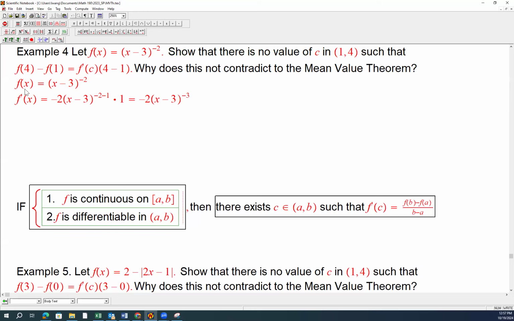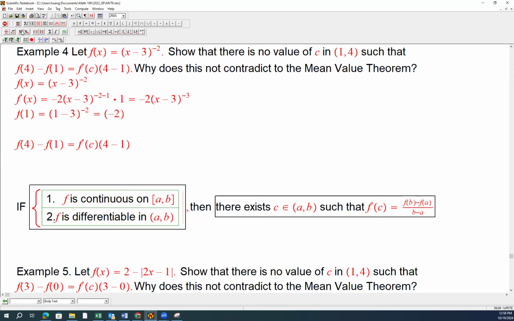And so we got that, and we also need to find f of 1, right? Because we need those to check if this one has a solution or not. So this is f of 1. F of 1, replacing x by 1, that's negative 2 to the power of negative 2.